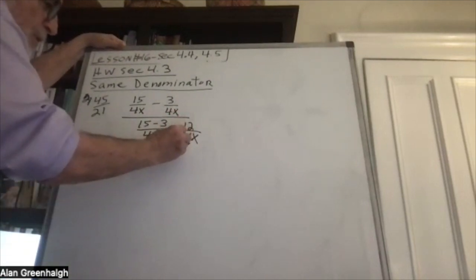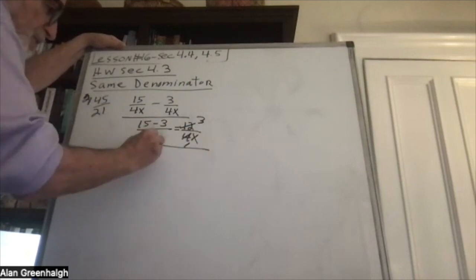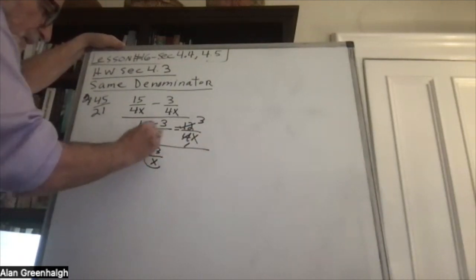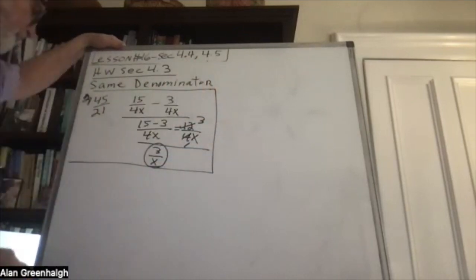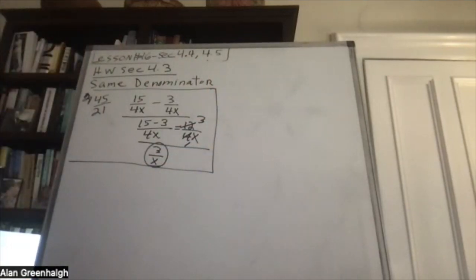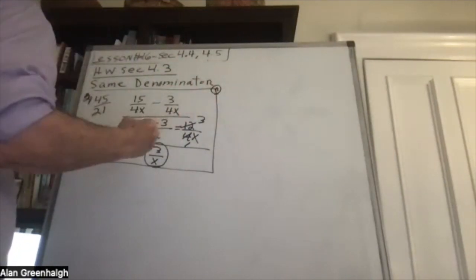And 4 into 4 is 1, 4 into 12 is 3, and the answer is 3 over x. Okay. Everybody clear on that? All right, here's problem N on the same page.